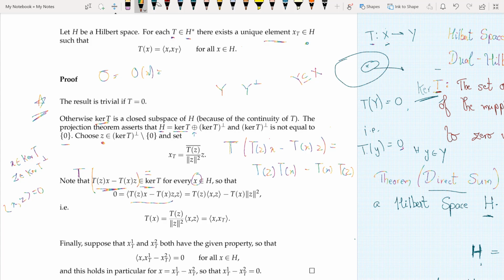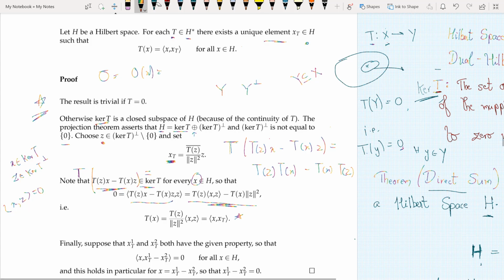If I multiply z inside, what I eventually get is this quantity. Now if this is equal to 0, I take T of x to the other side, and this is the formula that I get for T of x, because that is how I defined xt. So I can write it as the inner product of x and xt. This is what I originally wanted.